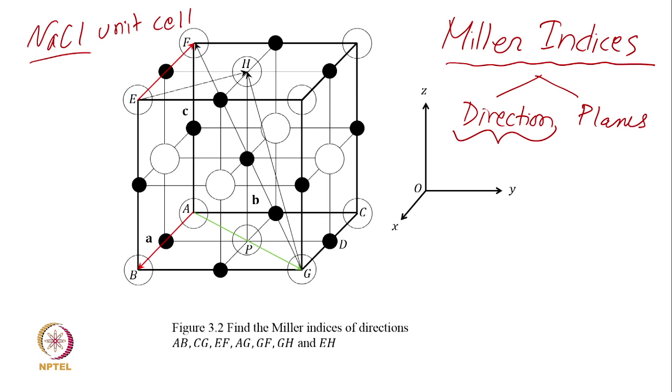For defining the Miller indices, two important things are there. First, you have to choose an origin. And for x, y and z, one thing is defined: because we have to work in a crystallographic coordinate system, the axes of the crystallographic coordinate system have to be parallel to the edges of the unit cell that we have seen.